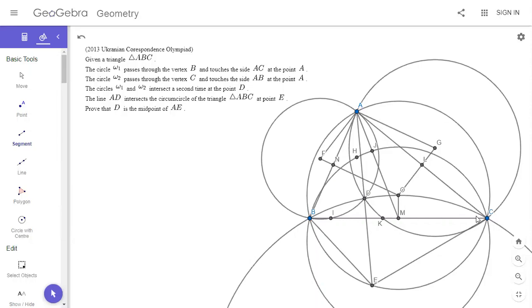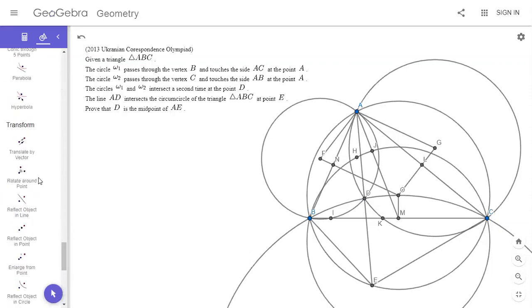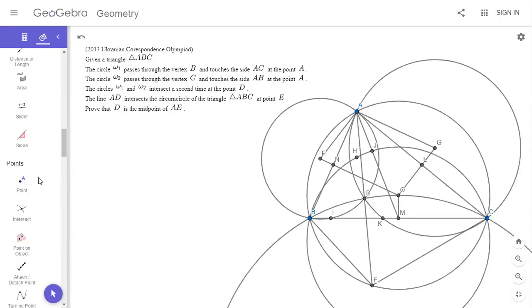Which is the same as saying, so ABD and AEB, huh?